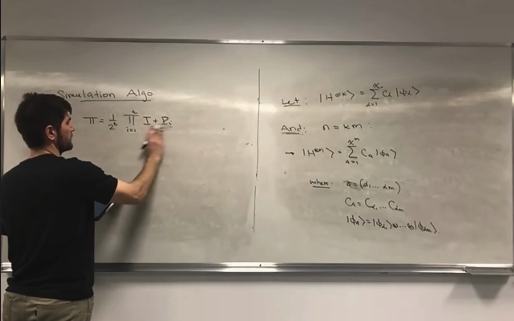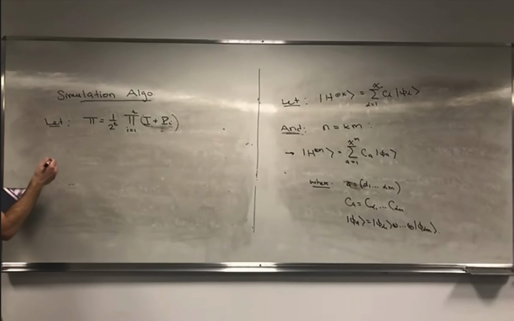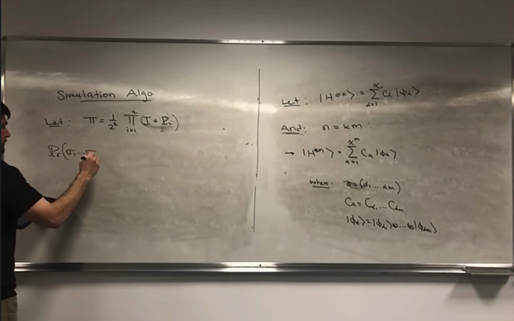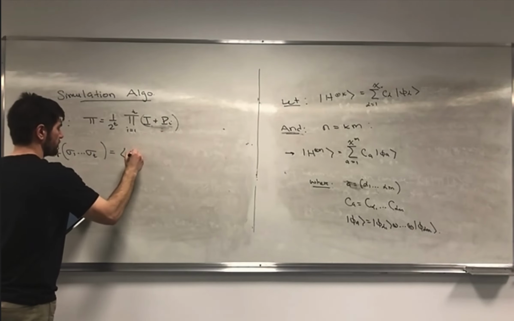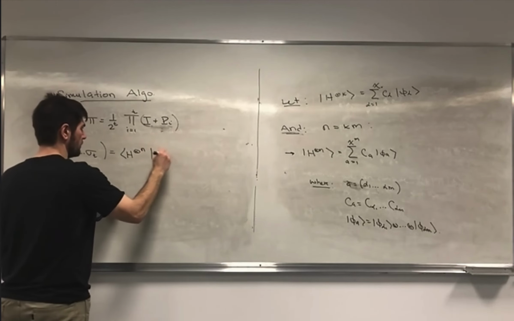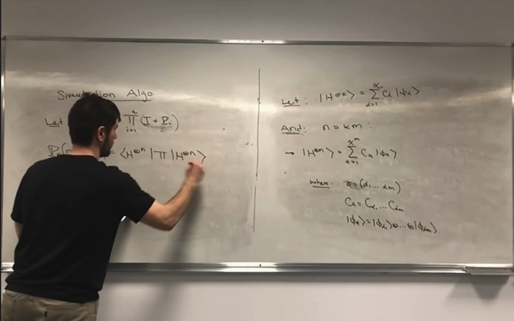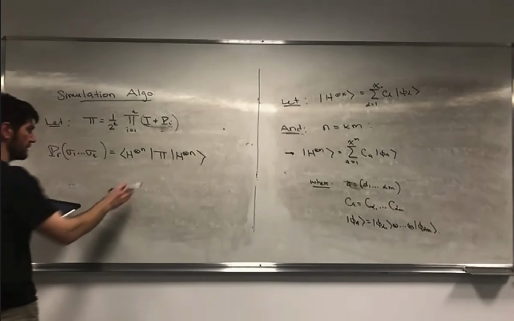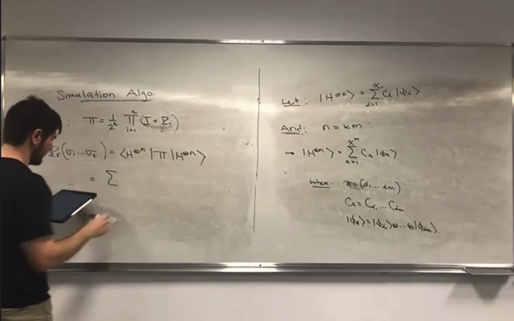Okay, same as before. And then we compute the following. Sigma 1 to sigma t is equal to h tensor n, precisely this, which is going to be a sum over all of these terms.